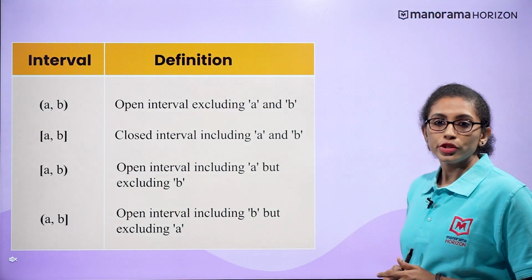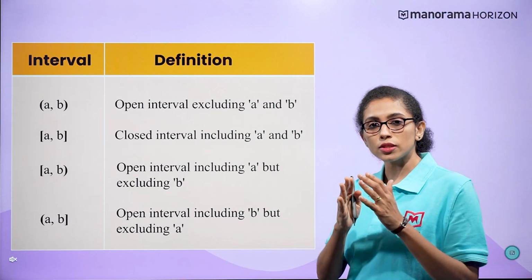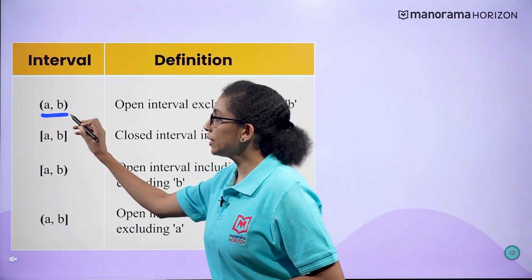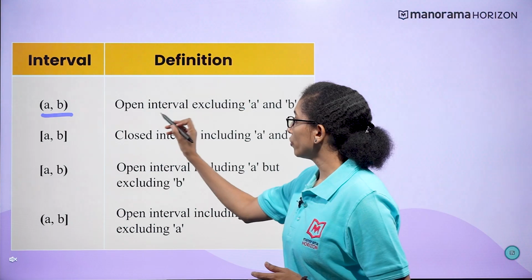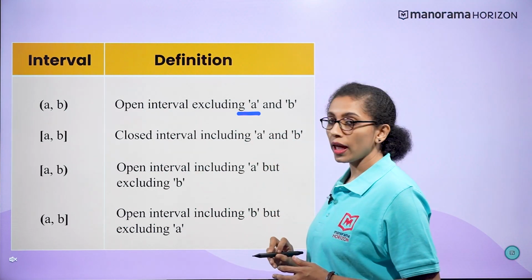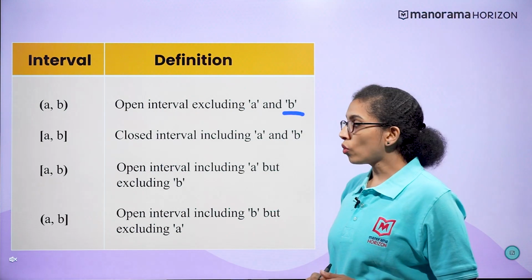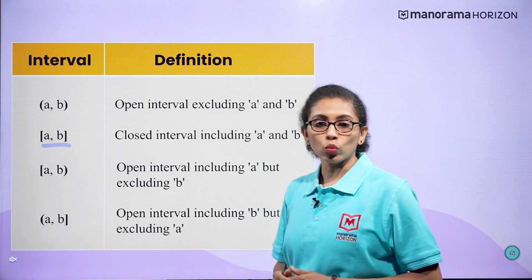Here is a table showing the different types of intervals which appear as subsets of real numbers. A and B within the round brackets means an open interval excluding A and B. Second one, A and B within the square brackets. What does it mean?